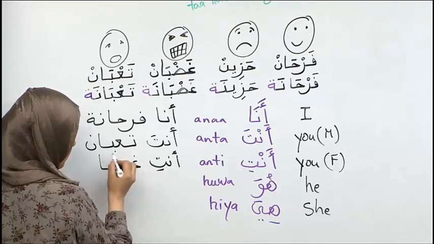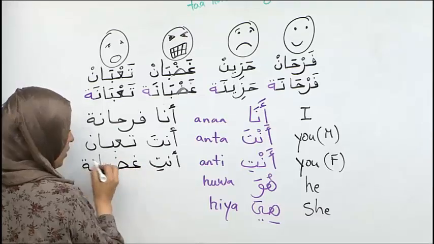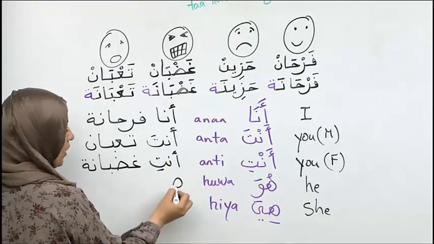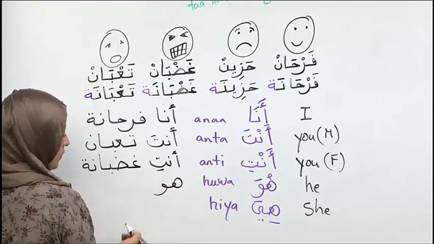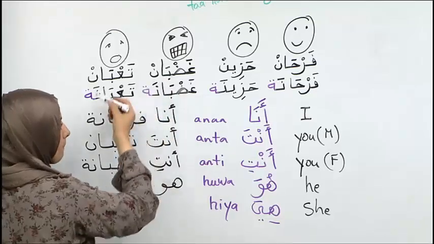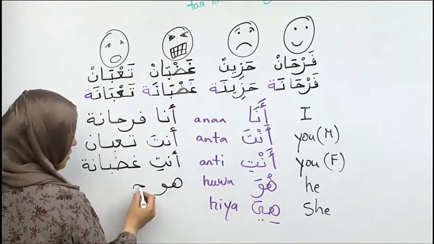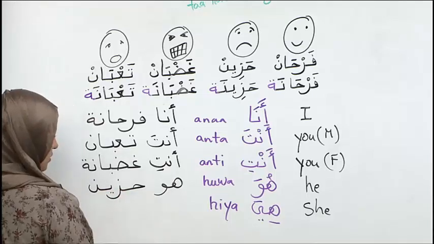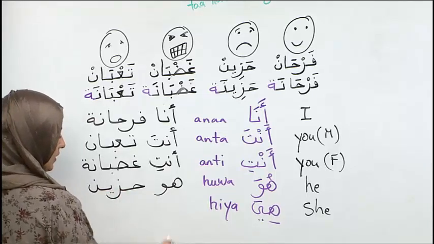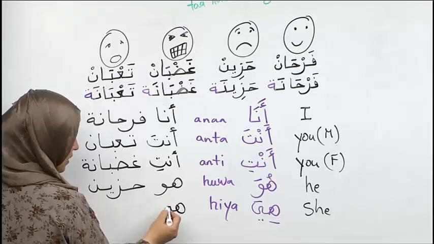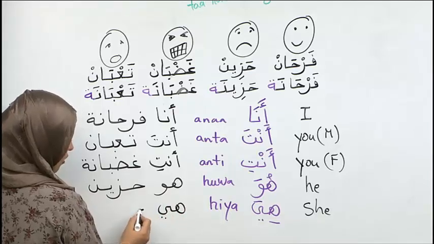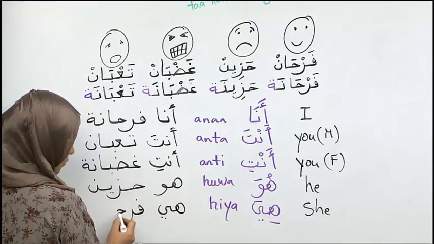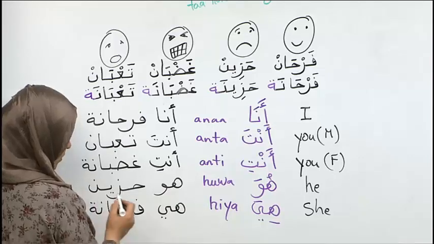You're angry. أنتِ غضبانة. هو حزين. He's sad. And هي فرحانة. Use the feminine form. Okay?